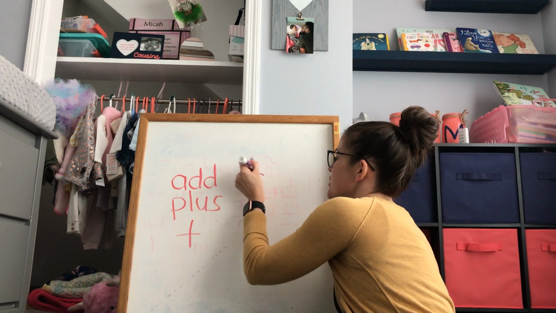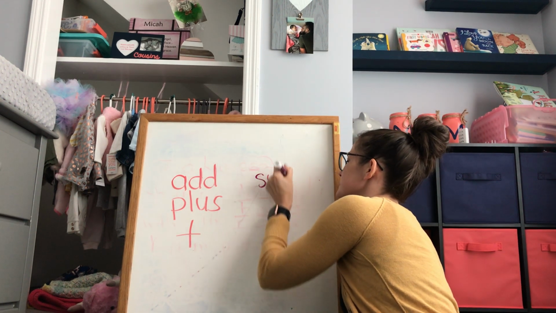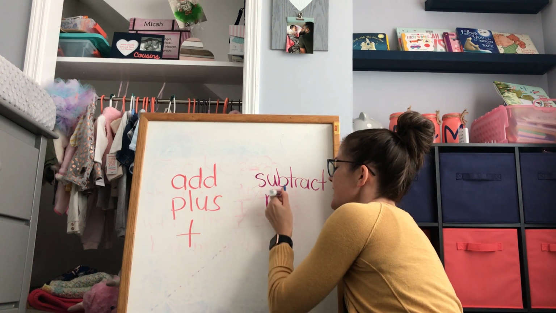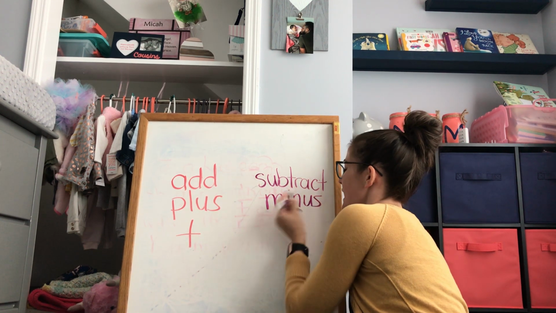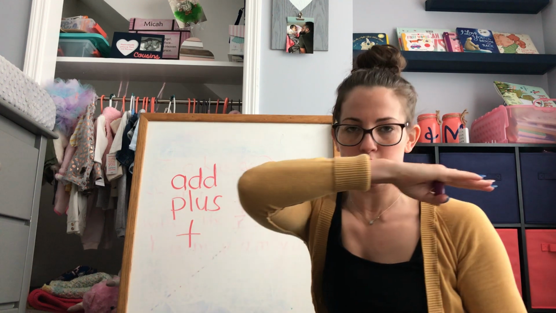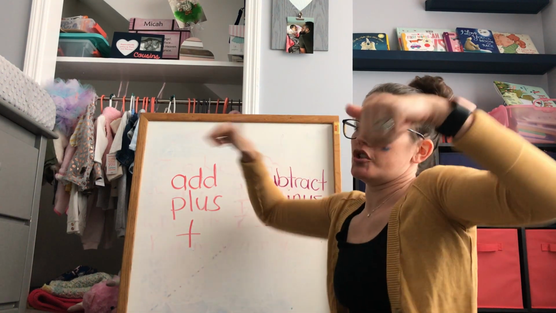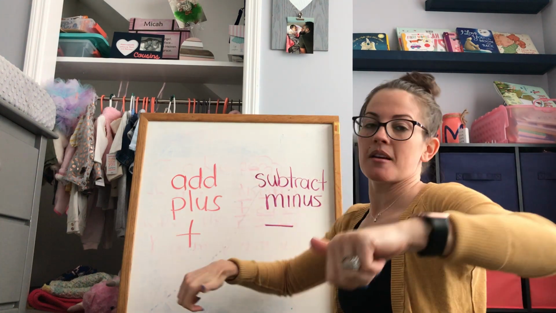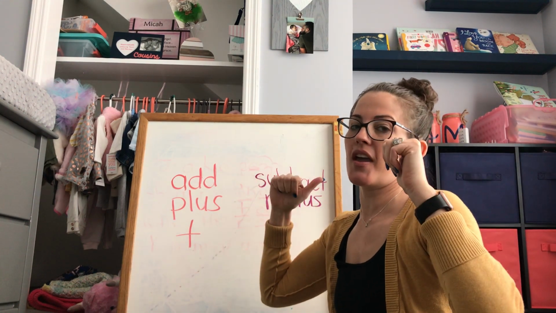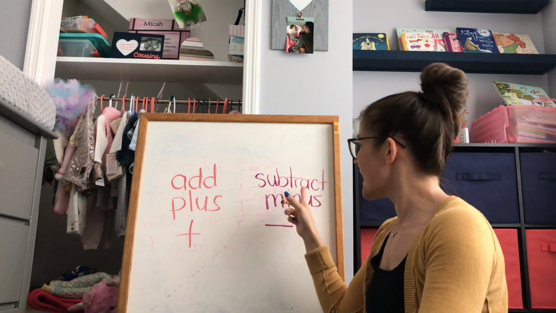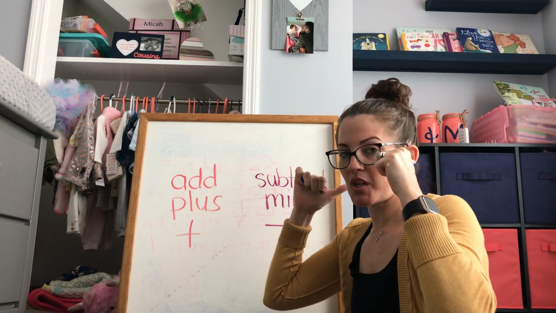And then I have subtract, or the word minus. And that's the word for this sign, minus. Let's do subtract first. Subtract means take away, or minus. Minus means take away. So when I add, I put numbers together. When I subtract, I take numbers away.